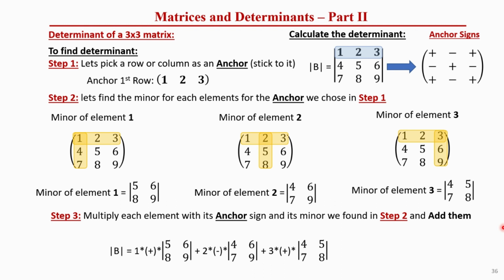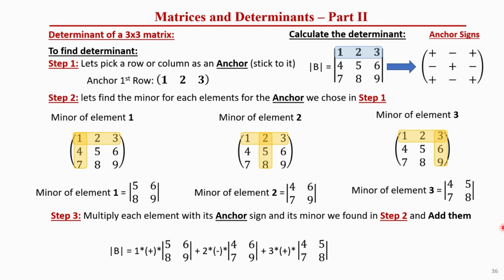The first element from the anchored row was 1, and its anchored sign is plus. That can be seen from the very top right, times the minor of element 1, which is the determinant of a 2 by 2 matrix.